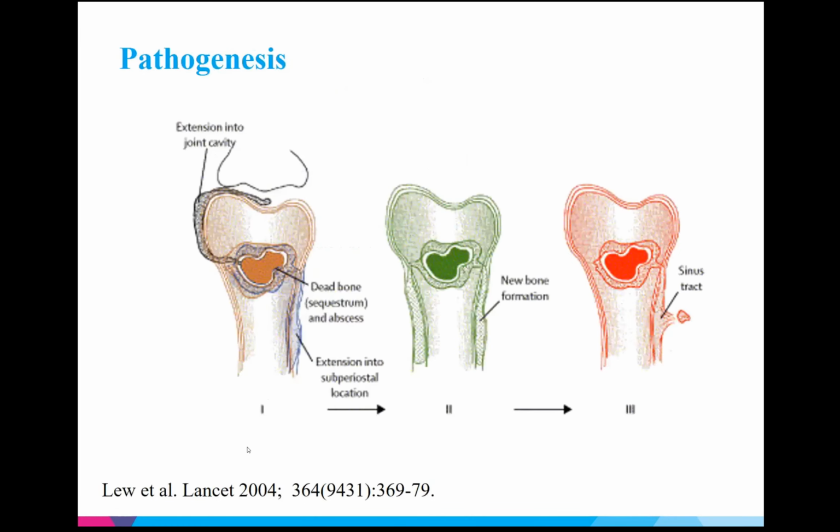So just to show you, I always like this because it illustrated it really well. That's how it starts. We have a seeding of a sequestrum of bacteria that becomes an abscess. It's either going to go out to the joint, so then you would see an arthritis on top of it, or it will extend to the subperiosteal periosteum, and then you get new bone formation. And eventually, you get a sinus tract, right?